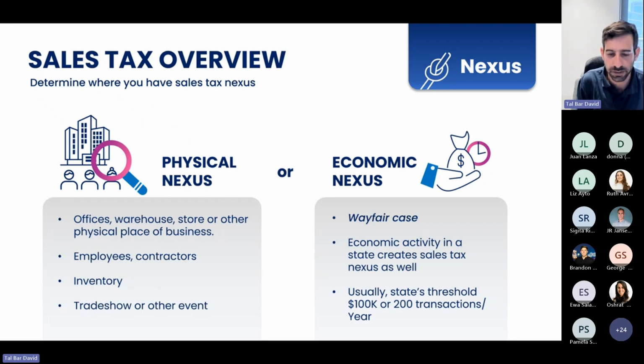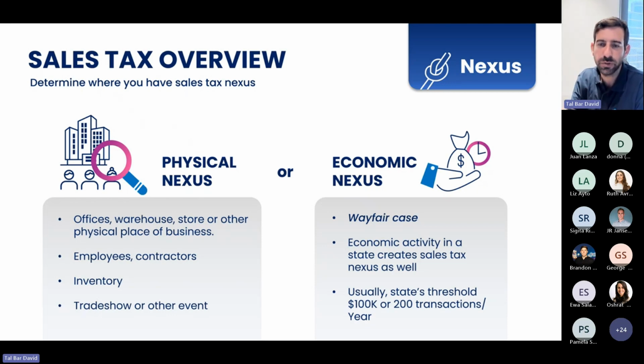Economic nexus says basically that even if you don't have any presence on the ground in the state, if you have substantial economic activity in the state, that can also create a nexus for you in the state. Now, most of the states ruled that the economic threshold is $100,000 or 200 transactions.